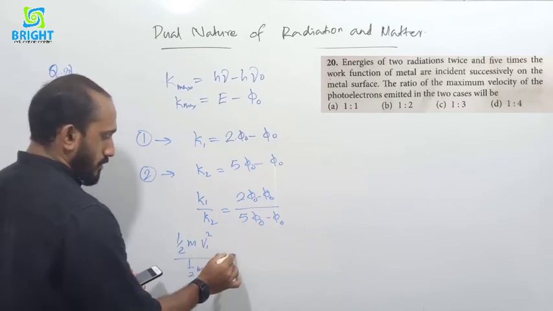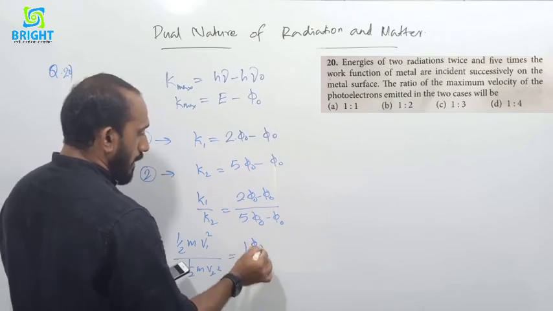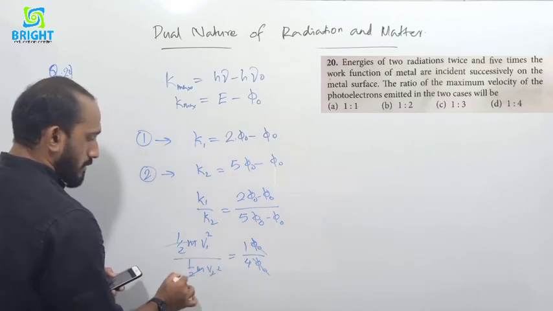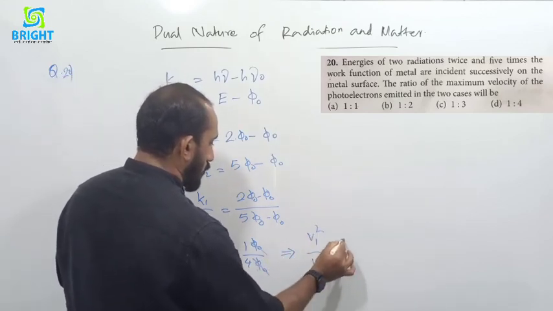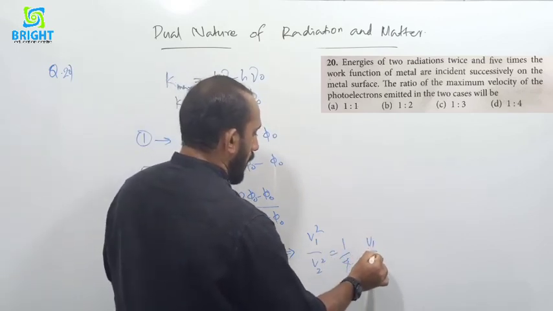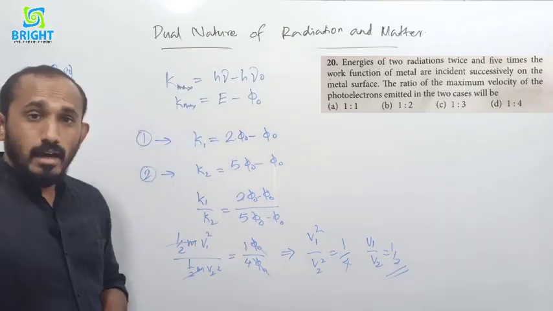The m cancels, and it is equal to 2 minus 1, that is 1 phi 0, by 5 minus 1, that is 4 phi 0. So this all cancels. We get V1 square by V2 square is equal to 1 by 4, or V1 by V2 is equal to 1 by 2. So the ratio 1:2 is the answer for this.